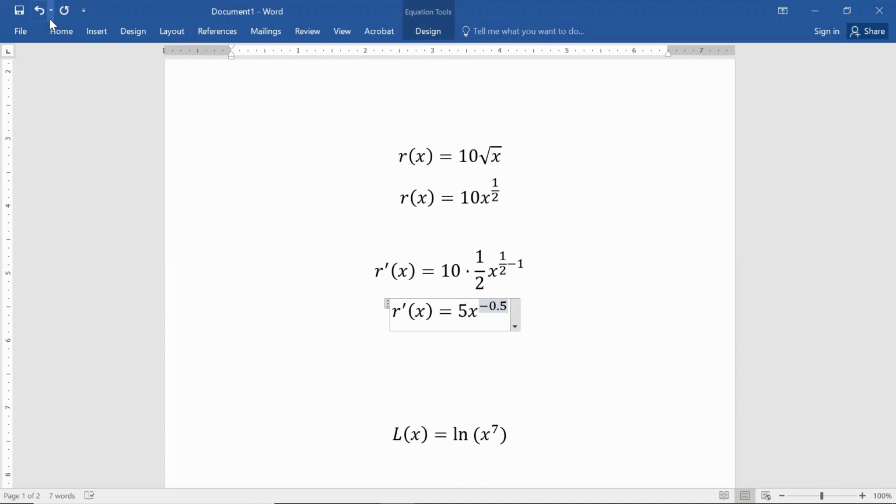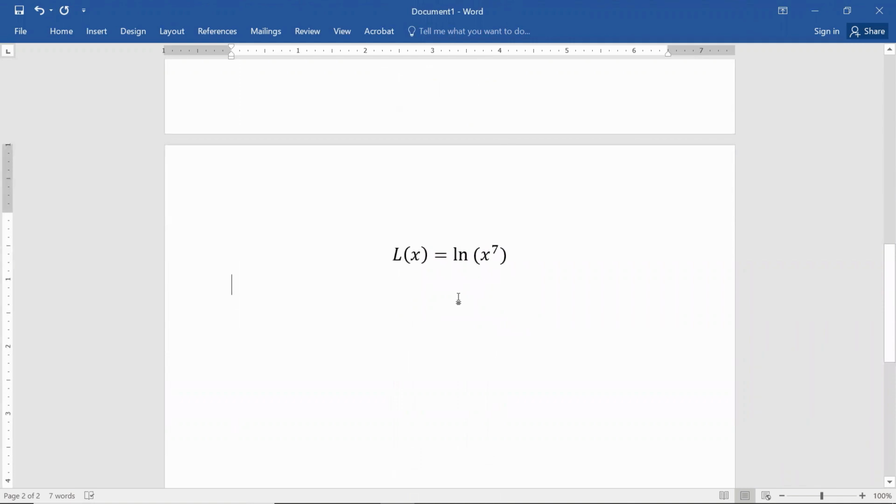So 5x to the -0.5 power or 5x to the -1/2 power. Again, don't get confused between the rewrite and the derivative. The rewrite is the function just written a different way. The derivative is telling you the instantaneous rate of change.